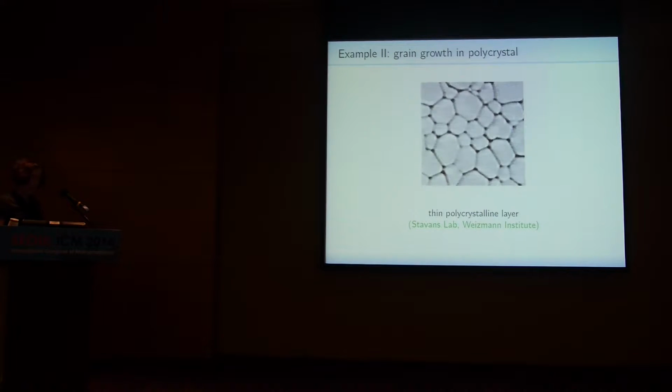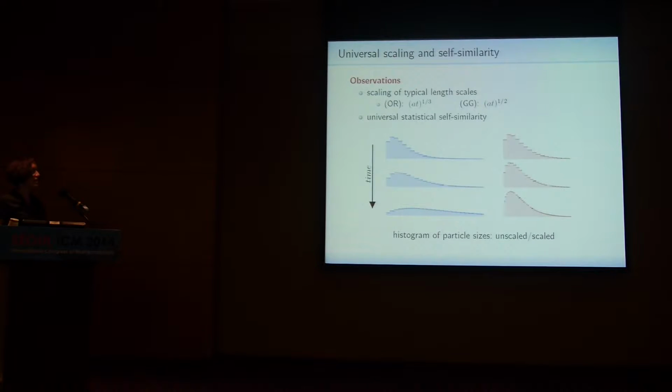So what is the one important issue in both examples is that you observe a universal statistically self-similar long-time behavior. So what does that mean? First of all, it means that the typical length scales in the system, such as droplet size in Ostwald ripening and grain diameter in grain growth, after some transient stage forget about the data and follow a universal power law in time.